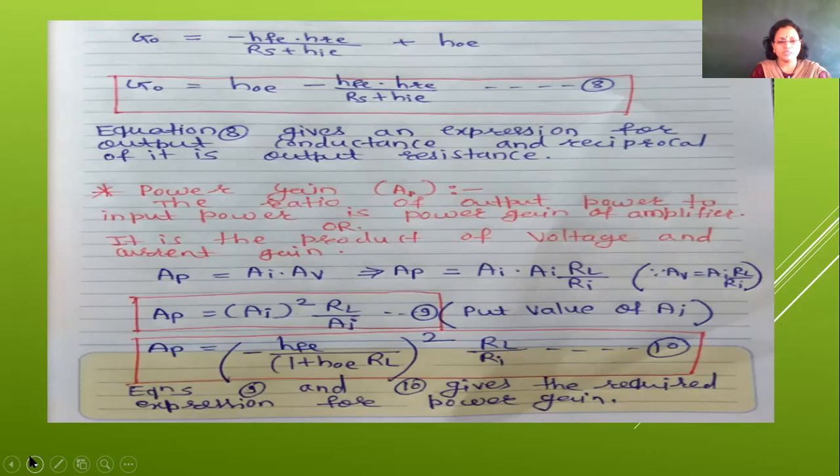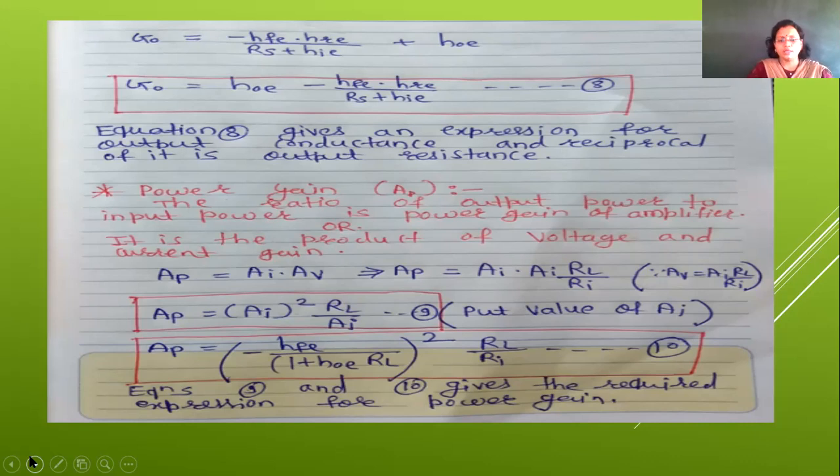Therefore AP is equal to AI into AV, is equal to AI into AI into RL upon RI. Therefore AP is equal to AI square RL upon RI. Call it as equation number 9.